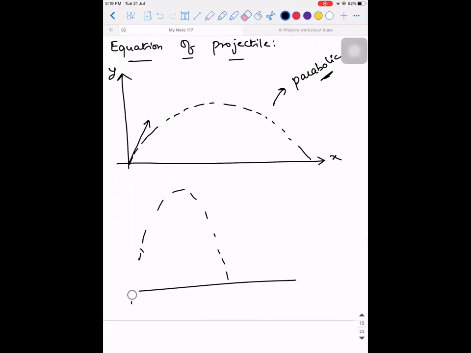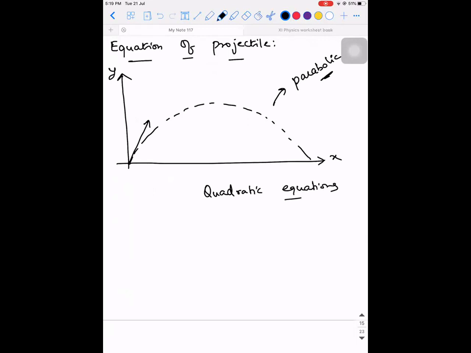So in your 10th standard, you would have learned, where did you learn parabola? You have heard this word, I'm sure. Polynomials. Is it polynomial or quadratic equations? Quadratic equations. Then the quadratic equations you would have learned, right? So second degree equation, ax square plus bx plus c equal to 0, represents what?